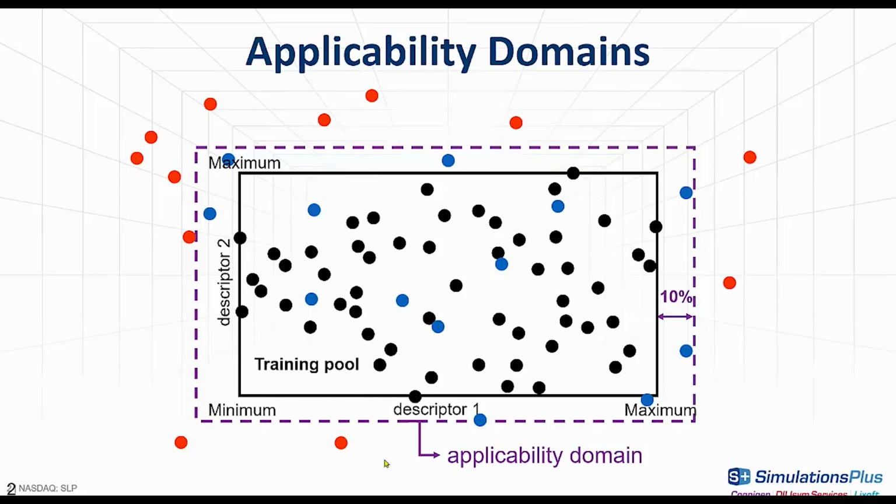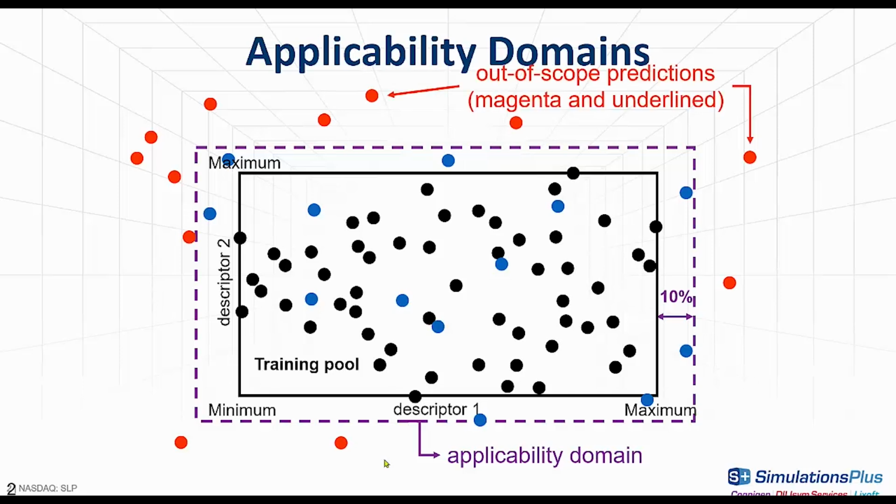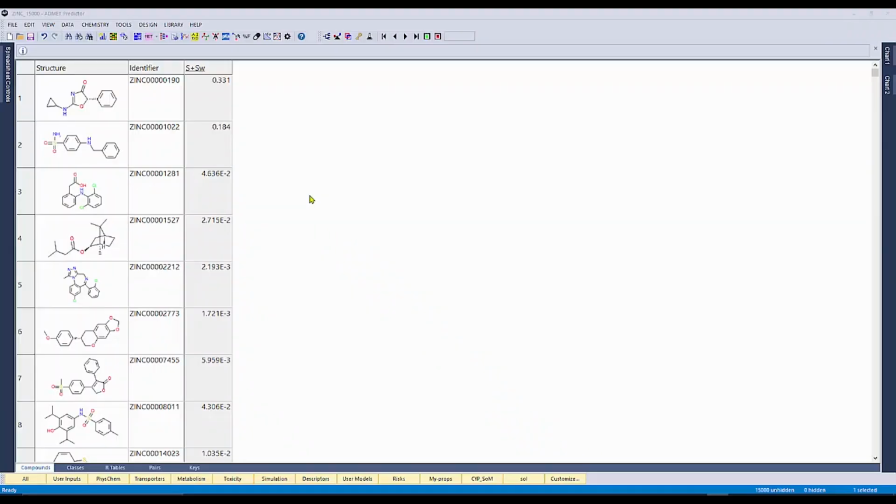If any one of those values is outside the minimum or maximum border, then we would color that in magenta in the interface and underline it, and it's said to be an out of scope prediction. Now we'll look at some predictions for the aqueous water solubility model, and specifically we'll look for out of scope predictions.